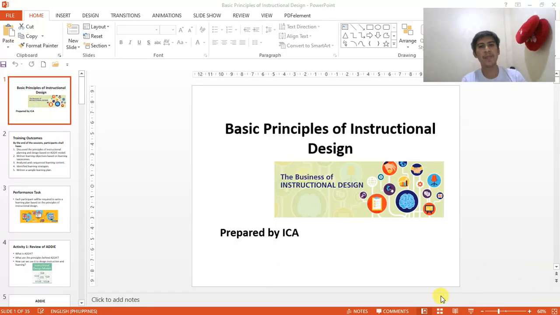Here is another coverage, and I will title this Basic Principles of Instructional Design based on an ADDIE model.